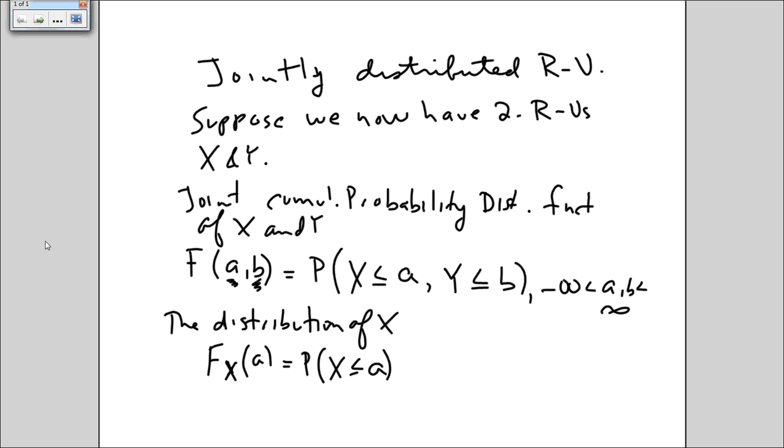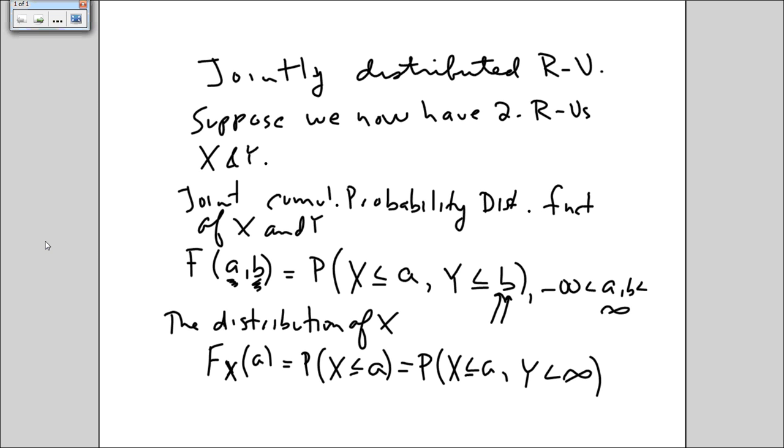But you might ask, well, what happened to Y? Well, Y can be any value. X is less than a, and Y is less than infinity. Y can be any value. Just let b go to infinity.